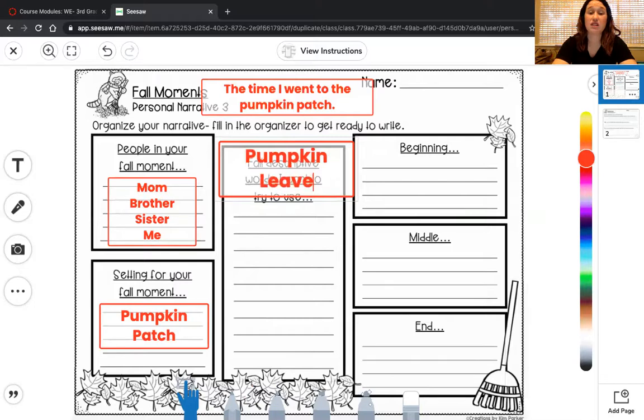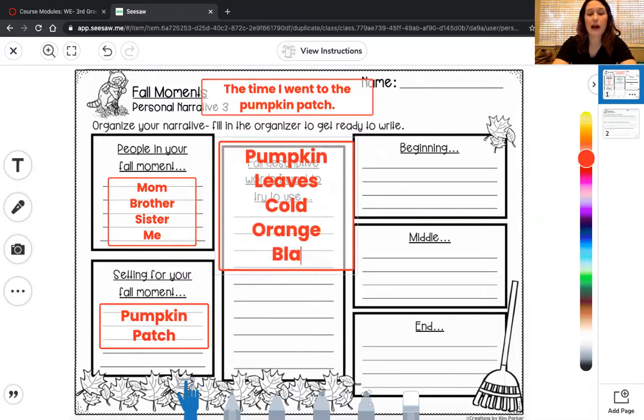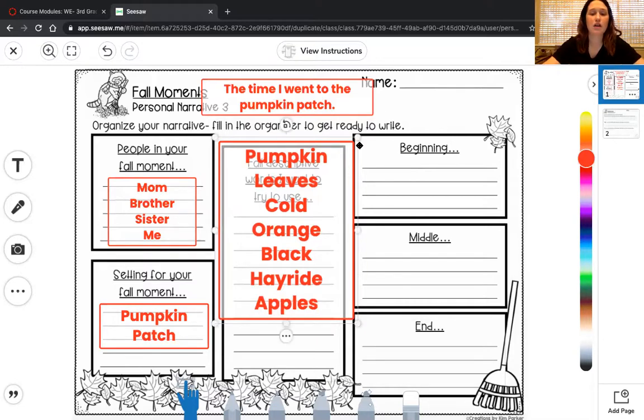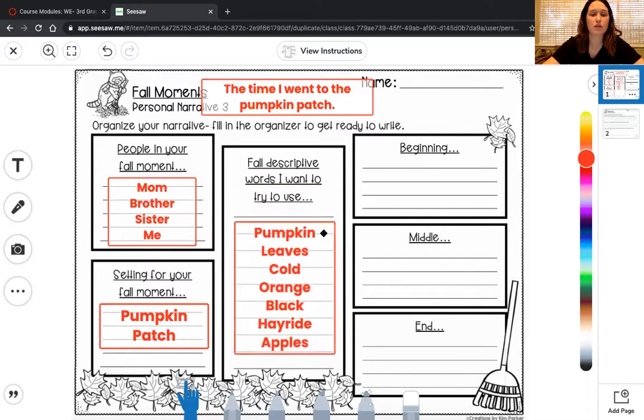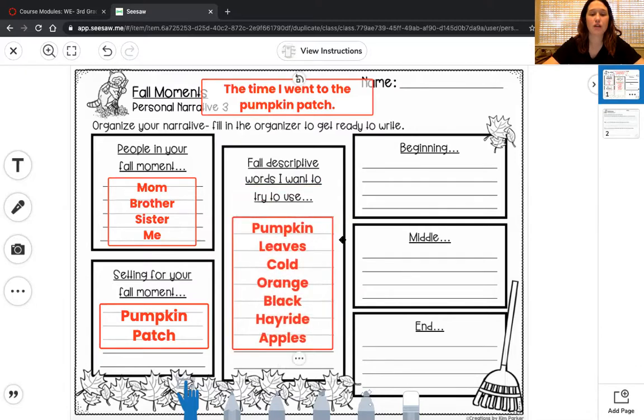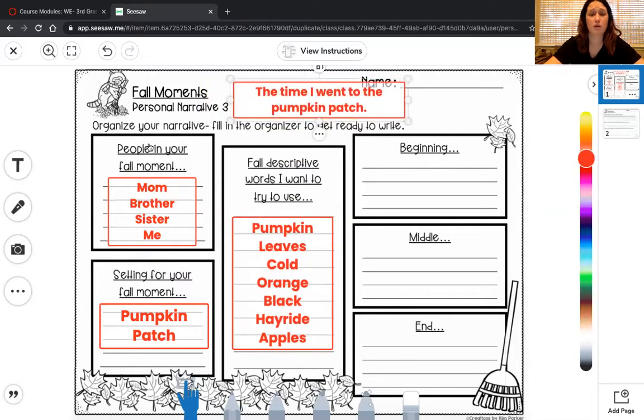I may use leaves, cold, orange, black, maybe hayride, and maybe apples, because I think we ate the caramel dipped apples when we were there, okay? So those are just some fall words I would use. You may have some different words, and if you have different words, go for your different words. You don't have to use my words, but if you want to use my words, you can.